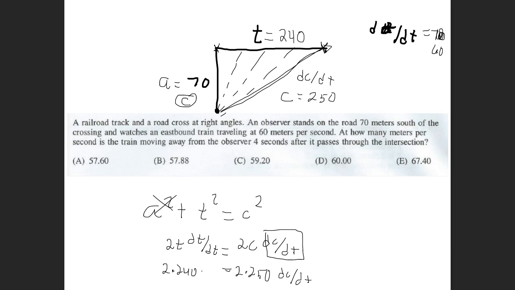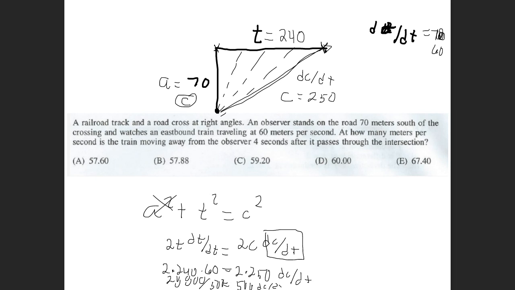That's a mouthful. Okay, so now hopefully you have your calculator and you can multiply this out. What is 2 times 240 times 60? This over here is 500 dC/dt, equals 28,800. And then I'm going to divide by 500 because I want to get dC/dt by itself.